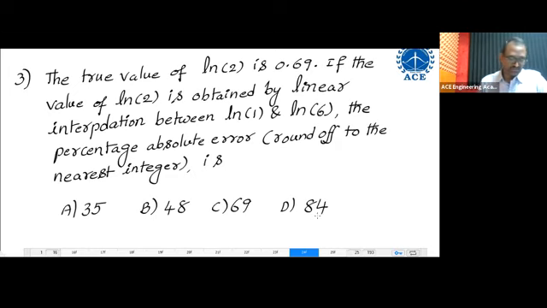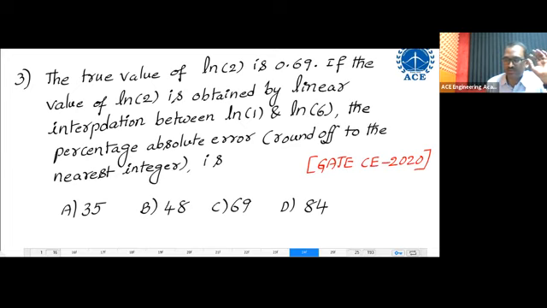This problem is from GATE Civil Engineering 2020. Remember, linear interpolation means the first two terms of Newton's interpolation polynomial. Quadratic interpolation means the first three terms, and cubic interpolation means the first four terms.